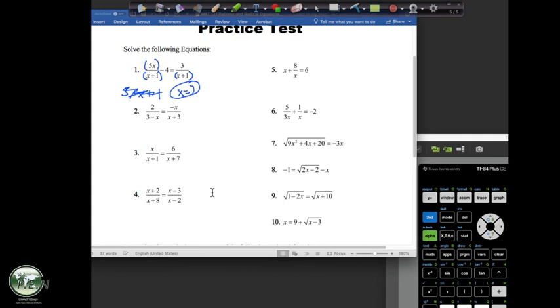I was doing number 2, and I looked at the answers. How do you get x equals 4? You see there's 2 intersections here, right? So you just do something like that, and this is 1.